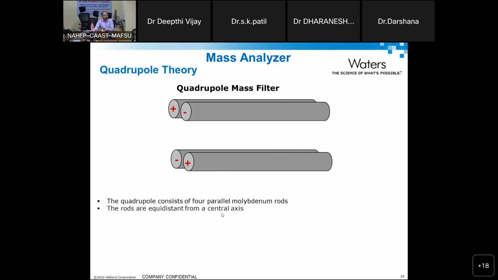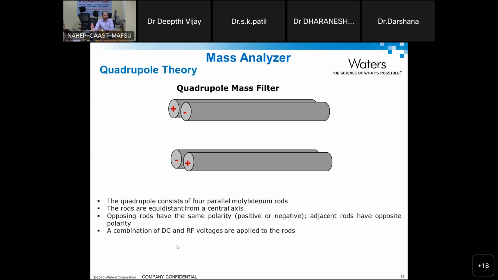These rods are equidistant from the central axis. Now, as you can see here, the opposing rods have the same polarity. Okay, so these are the opposing rods and they have the same polarity, and the adjacent rods have opposite polarity. Okay, so these are the adjacent rods and these two rods have opposite polarities.